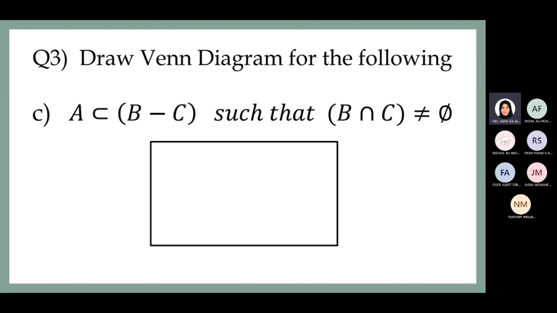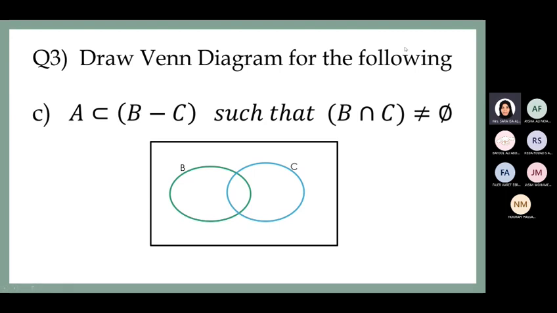It means you should draw A as a circle inside the area B but not C. So I know that I will draw A inside this area, but first I should decide what is the relation between B and C. If they did not mention, you will draw this always.